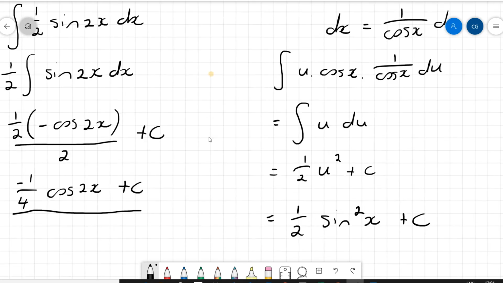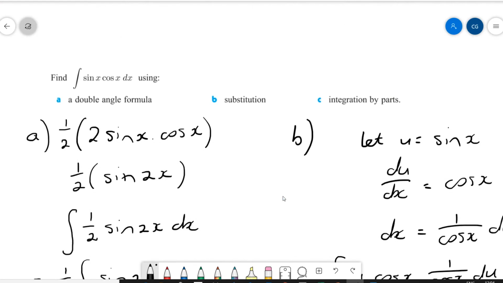Now, for the last part here, they say use integration by parts. This is the interesting part. We have seen in previous videos that I've made about integration by parts. So let's explore the following. And this is a very nice one, if I can say so.